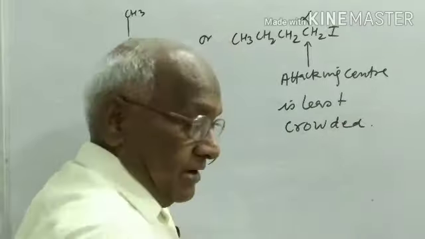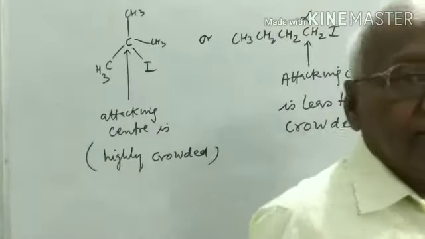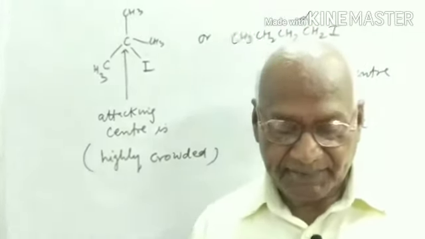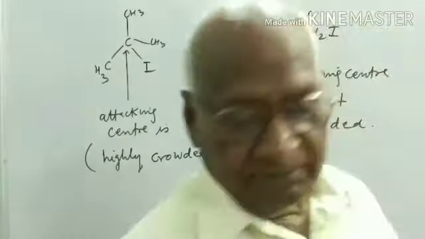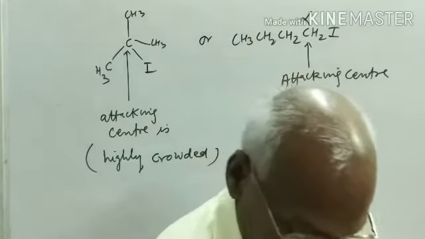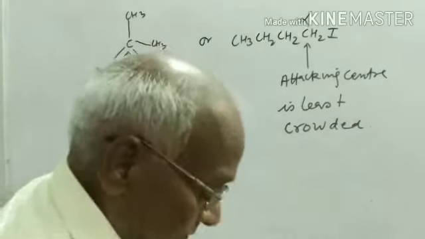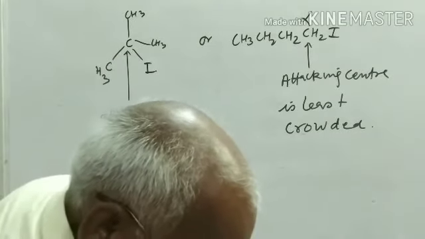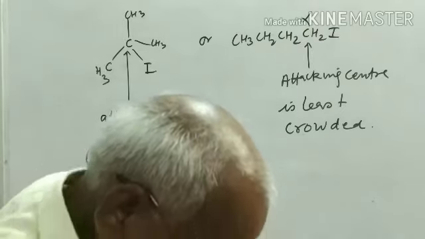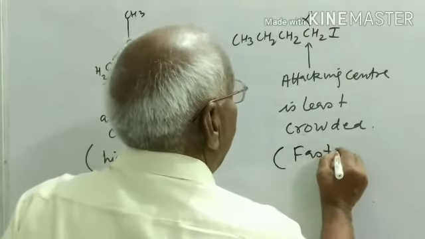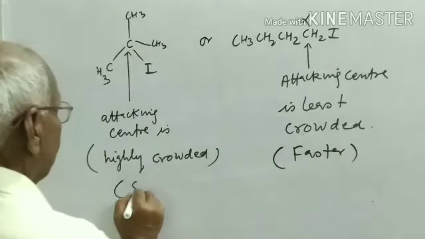So what is the requirement of the SN2 reaction? The requirement of SN2 reaction is least crowding. So this is faster, and this is slower.